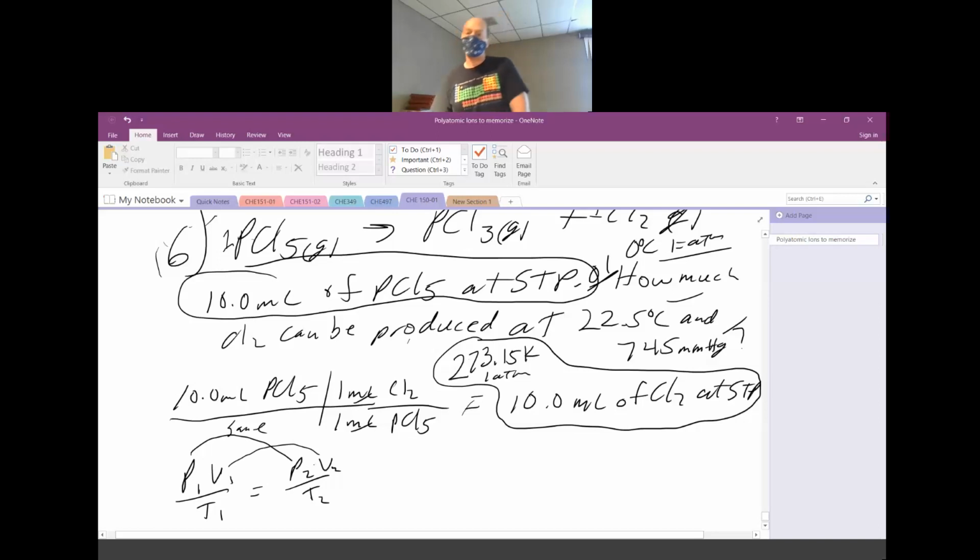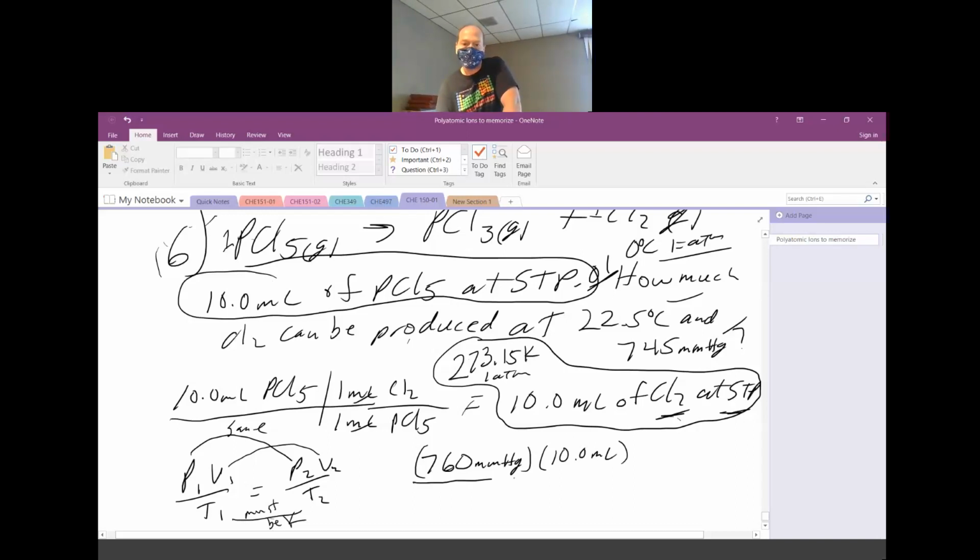Volumes, we're given milliliters, so our answer will be in milliliters. And temperature, there is no choice: if you have T, it must be in Kelvin. For pressure, I'm going to go in millimeters of mercury, 760 millimeters of mercury, because 1 atmosphere is 760 millimeters of mercury. The volume, we had 10 mils of our Cl2 at STP.